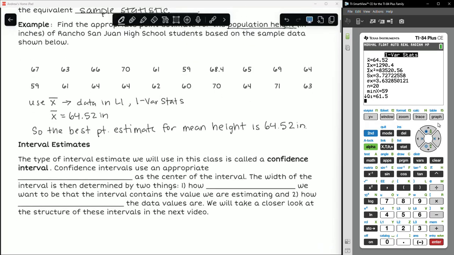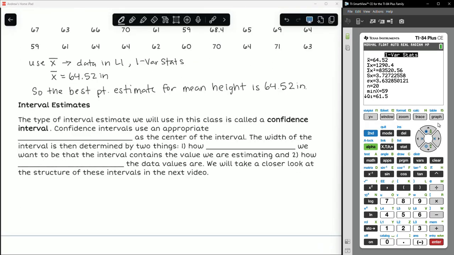So the other type of estimate is called an interval estimate. And the interval estimate we're going to be using in statistics is called a confidence interval. Confidence intervals use the appropriate sample statistic as the center of their interval.